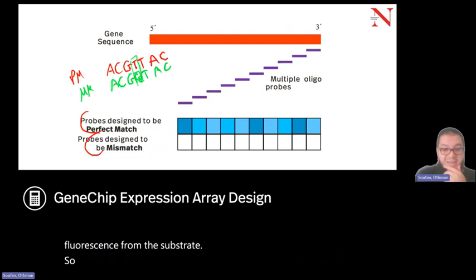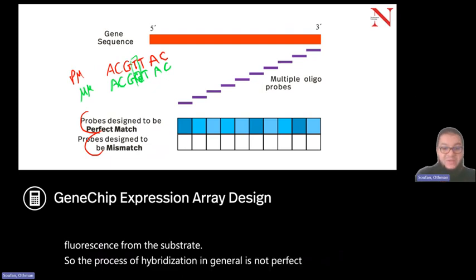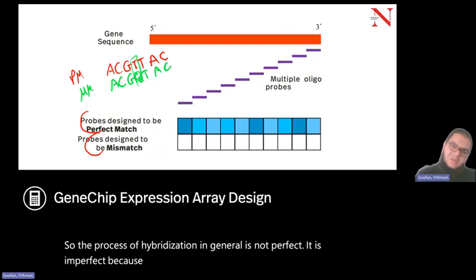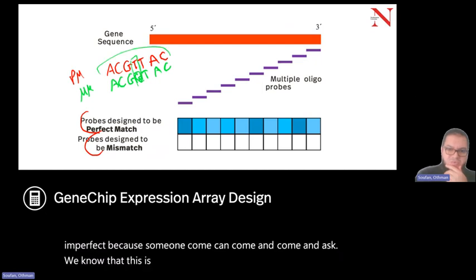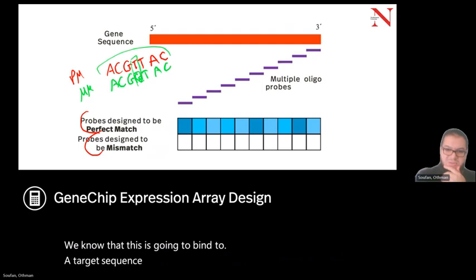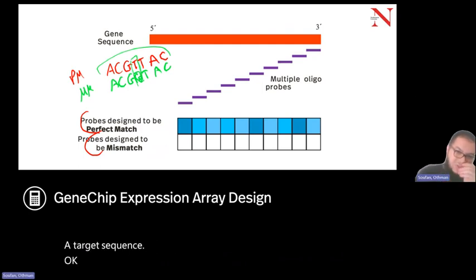So the process of hybridization in general is not perfect. It is imperfect because someone can come and ask, well, we know that this is going to bind to a target sequence. So this is going to bind to TGCAA.